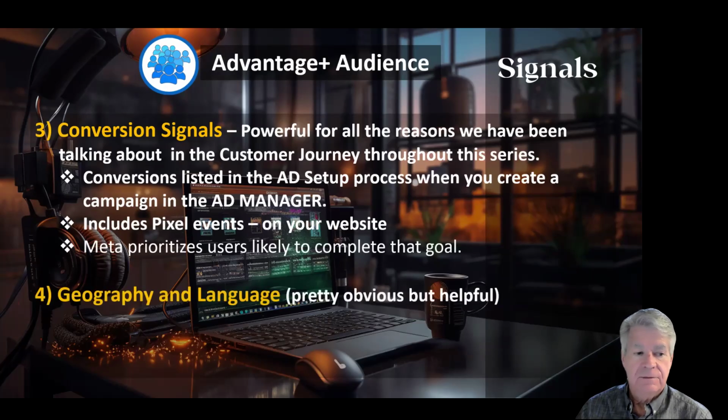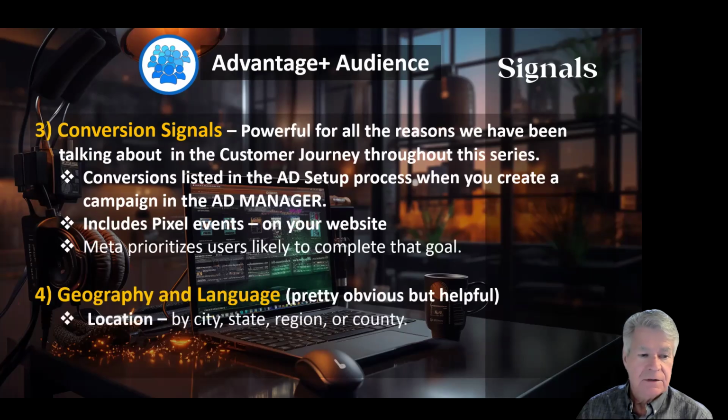Then you have geography and language. Geography signals are pretty obvious, but very helpful because Advantage Plus audience will stay within these hard boundaries. Generally, it doesn't stay within the boundaries of the other signals. It's designed to go far beyond those boundaries, which is why it's so powerful. Location is included in this by city, state, region, or country, or radius targeting.